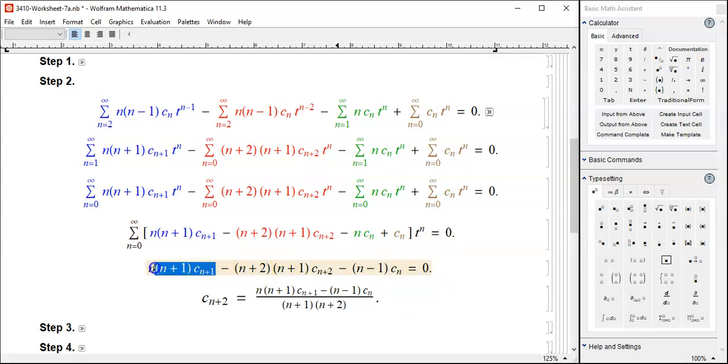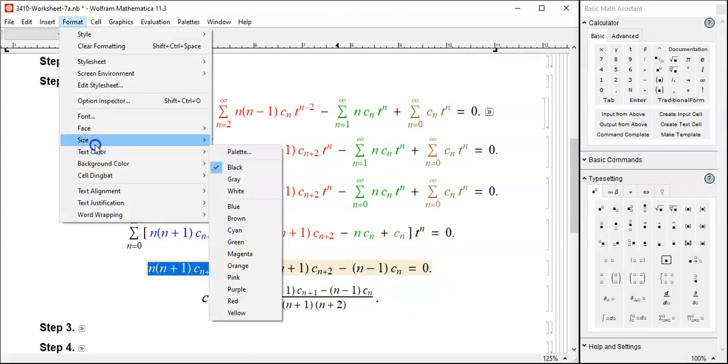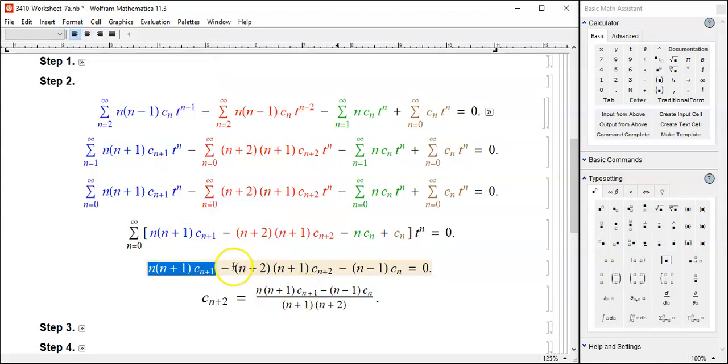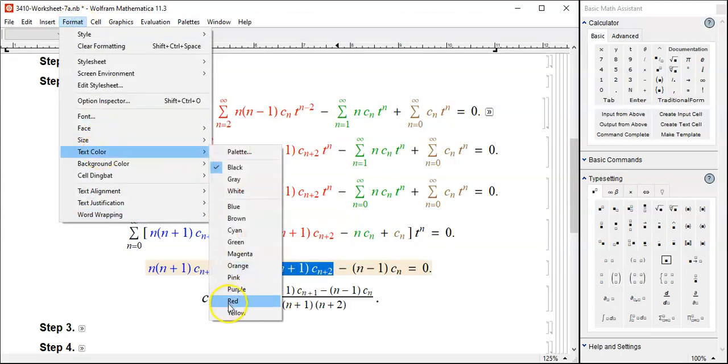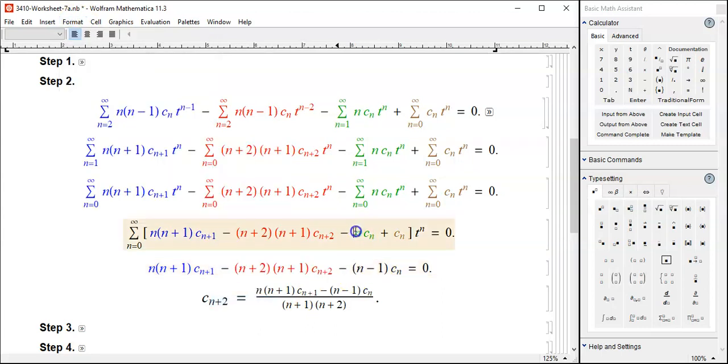One final color coding here, that's blue and red. And then this green and brown, put together we get this. Let's keep it at black.